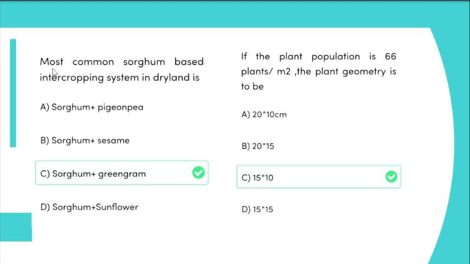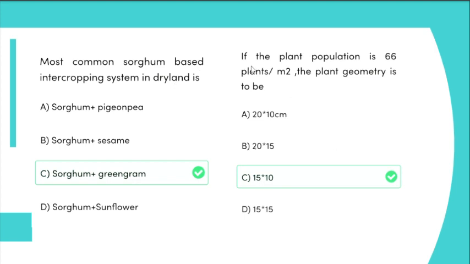Next question, most common sorghum based intercropping system in dryland agriculture is, here option number C is correct, that is sorghum plus green gram. Generally, cereals and legumes intercropping is best under dryland conditions, that is sorghum plus green gram, or we can also grow cowpea along with sorghum.